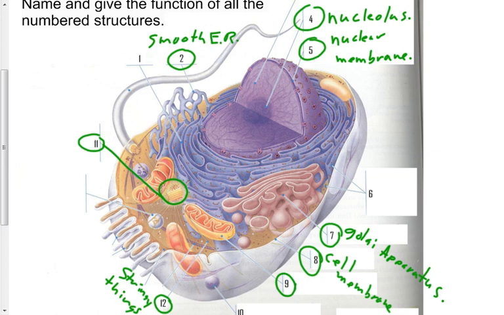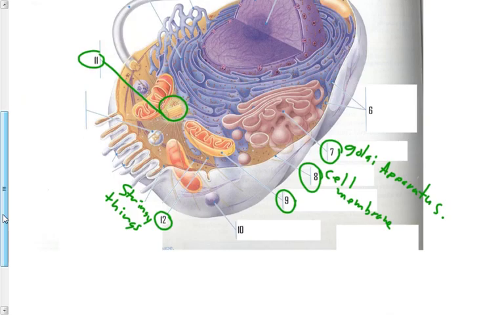All right. What's number 9? Cassidy. This one. Mitochondria, right. All right, so the mitochondria, and Austin, what does the mitochondria do?